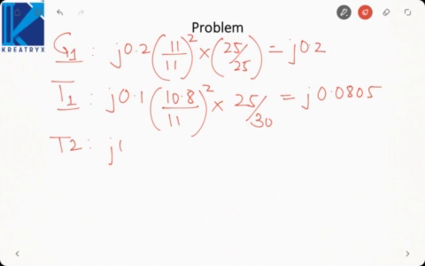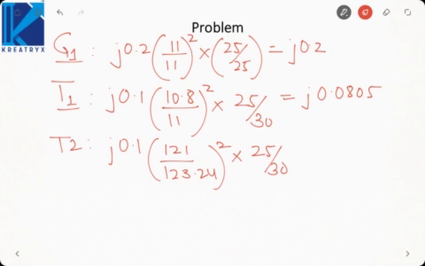Transformer T2 is J0.1. Let us take it on the primary. Given voltage is 121, assumed is 123.24. Given base is 30, assumed is 25. So this will be the same, 0.0805. For the case of the transmission line, reactance given is 100 ohm.